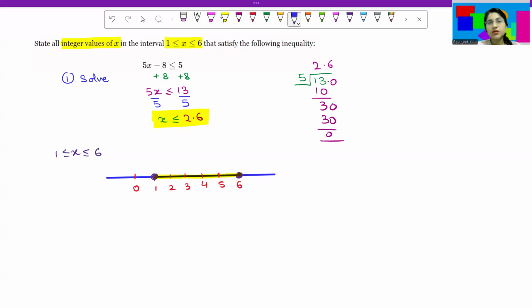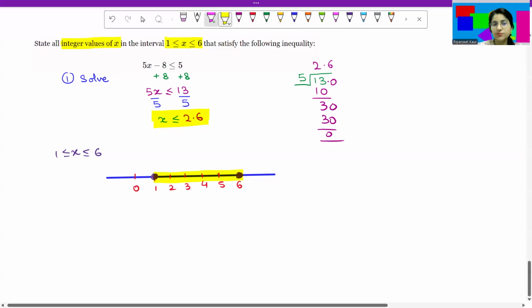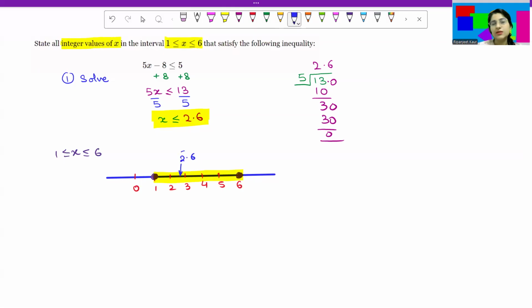Now, in this particular interval, what are the values which are less than or equal to 2.6? If 2.6 is somewhere here, then x values should be less than or equal to 2.6.